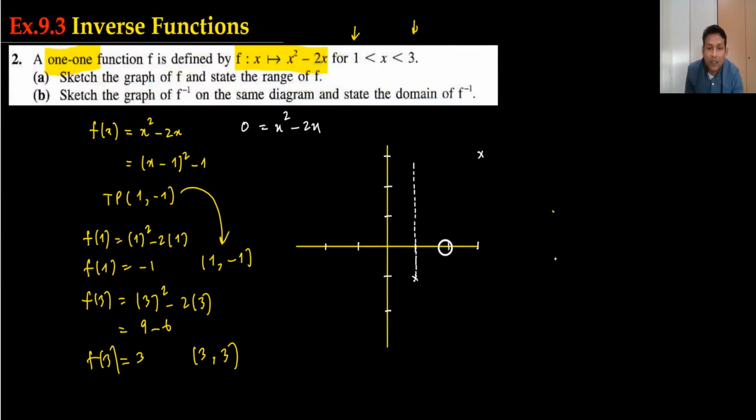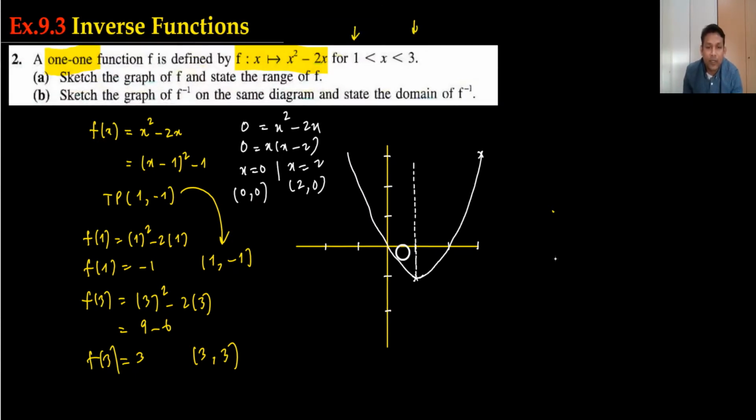When we simplify this, it is only optional, x is coming 0 and x is coming 2. So this coordinate is 2 comma 0, and this is 0 comma 0. So when I draw the sketch, the curve will intersect at this point, and when I make a complete sketch, it will again move from this point 0, 0. This is a complete sketch of the quadratic.